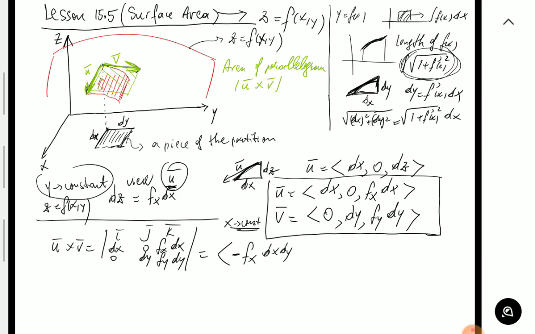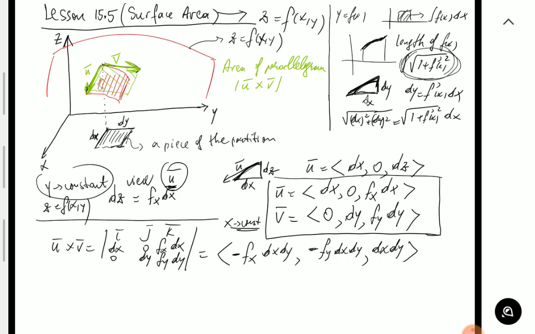I mean, the order of integration is going to be established in the actual problem, obviously. The middle term is dx times fy dy minus 0 with a change of sign, so it's minus fy dx dy. And finally, the third component is just dx dy.